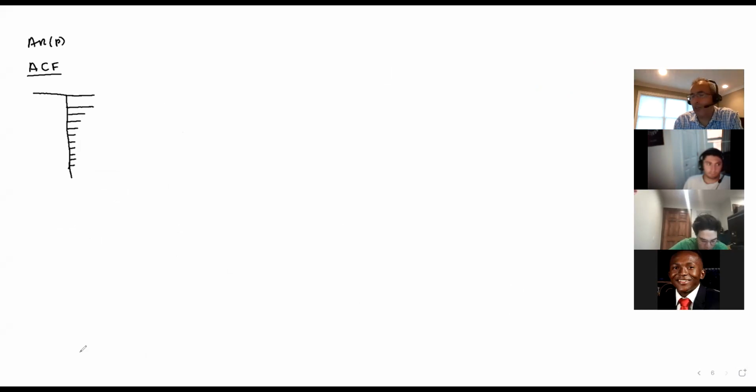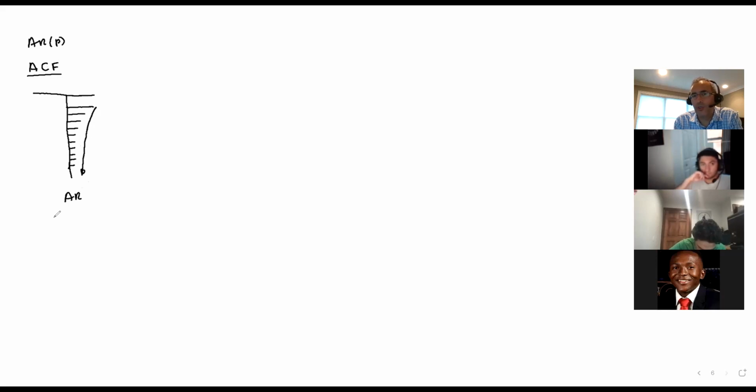It basically goes down, down, down. It can go up and down also, but it has this behavior. It doesn't disappear like an MA process. Got it? So if we see an ACF like this, I know this is an AR process.